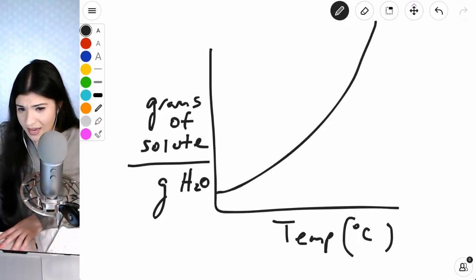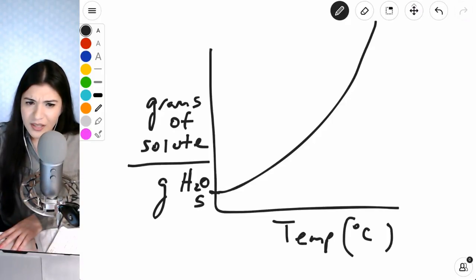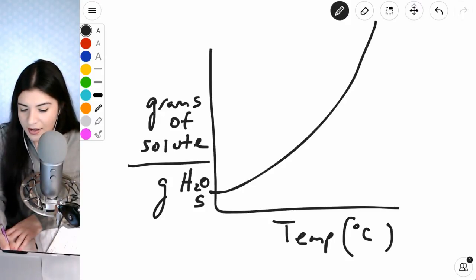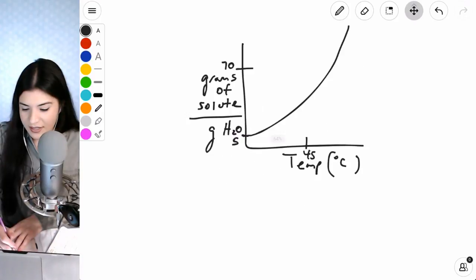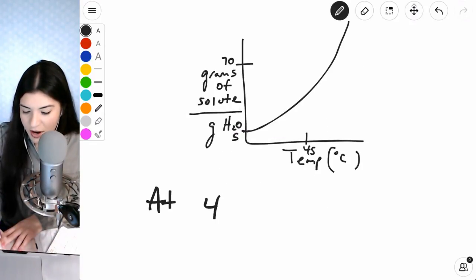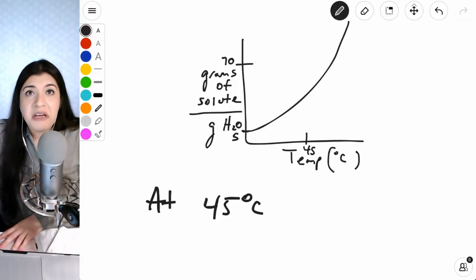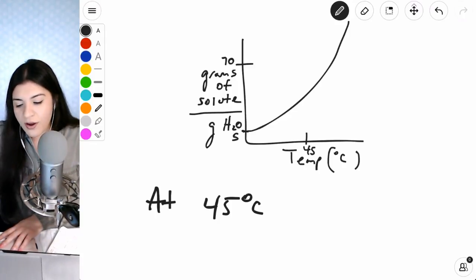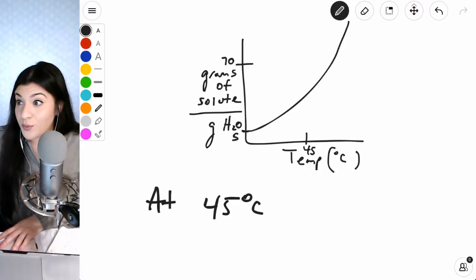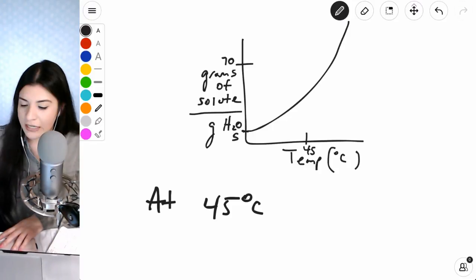So it would have looked like this, and then let's state that this is at, I'm going to say 5, and let's say that's at 5, this is 70, and then this is like 45. Okay, so let's say if the question asked at 45 degrees Celsius, how many grams of water will be needed to create a saturated solution, or even kind of just looking at it as at 45 degrees Celsius, is this soluble, or is this going to work?